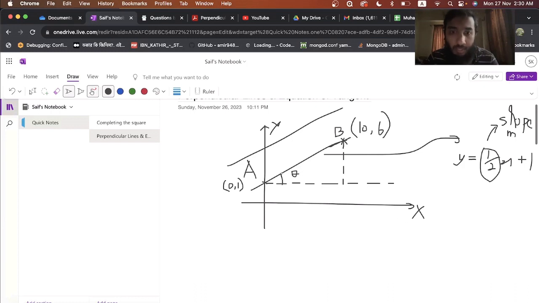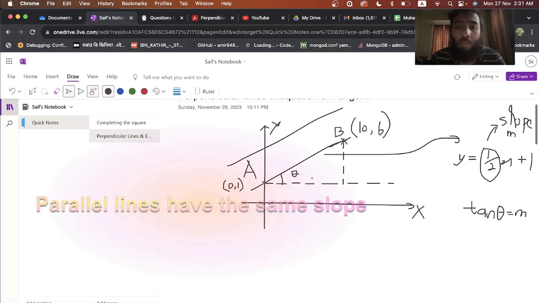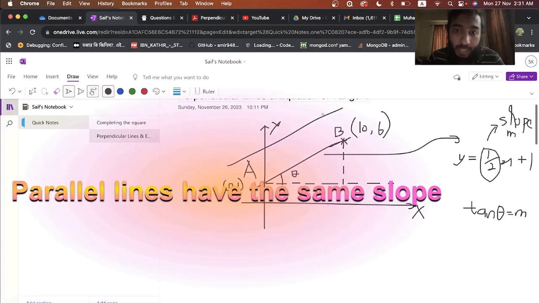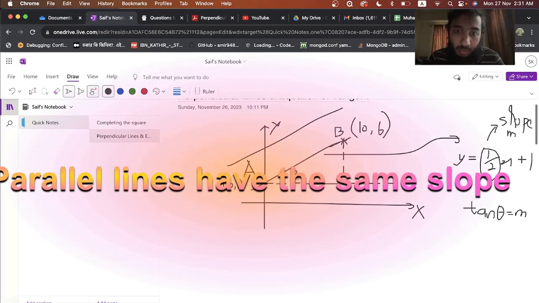So the slope of this line is what? Tan theta. So this is also represented by m technically. So what I have to do here is find a parallel line.